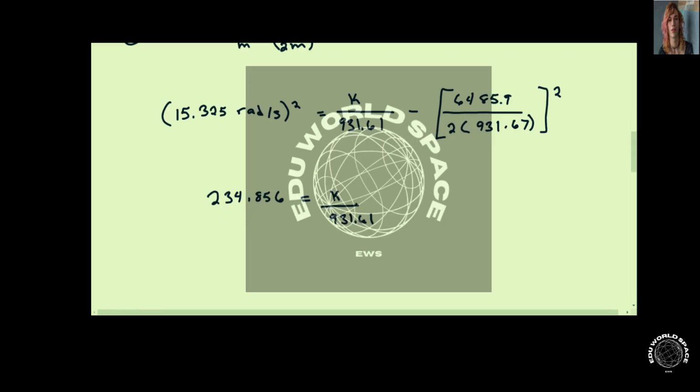I'm not writing the units right now just because it takes up too much space, to be honest. But you can if you like, because this is going to be pounds, seconds, feet.